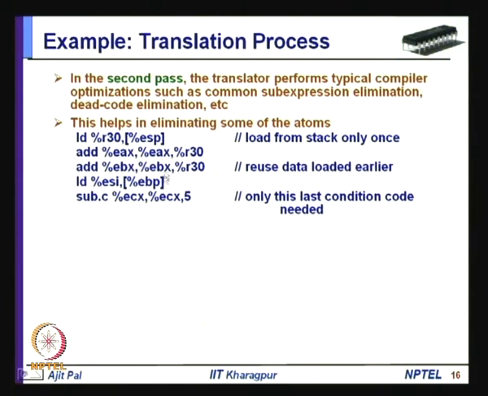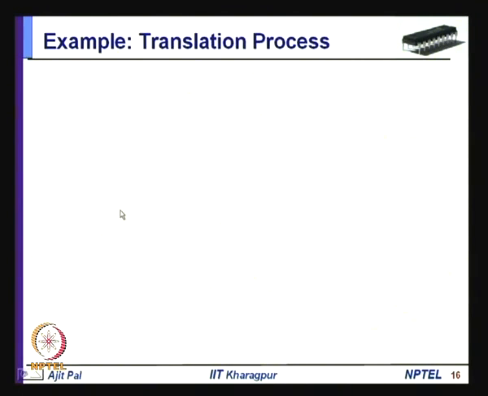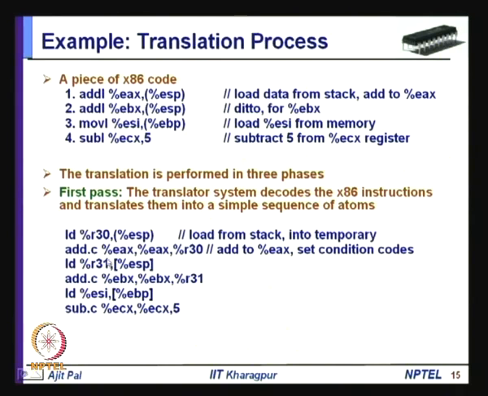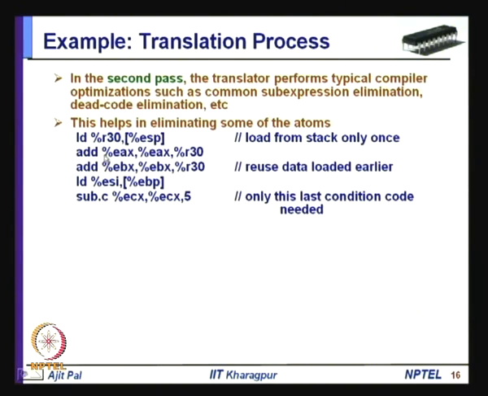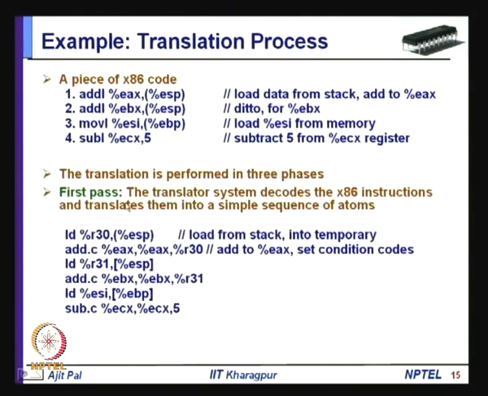In this particular case, in the previous case we have seen 1, 2, 3, 4, 5, 6 instructions, which have been converted into 1, 2, 3, 4, 5. One has been removed, because in the previous case you are loading to a temporary register 30 and you are loading the same data to another register 31.